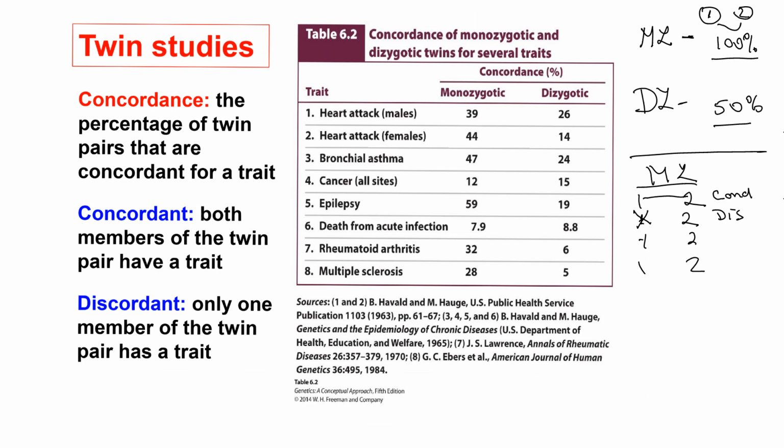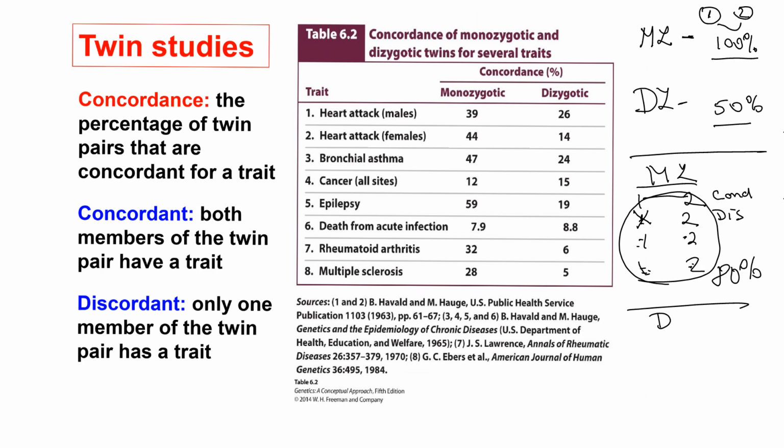So you look at how many of these pairs of monozygotic twins manifest the same trait and calculate concordance, which is usually expressed as a percent. Let's say that among monozygotic twins, 80% of them, 8 out of 10 pairs, manifest the same trait.